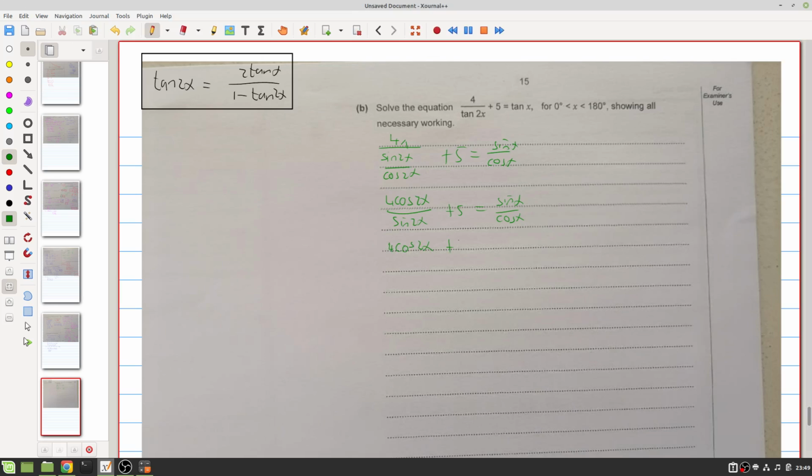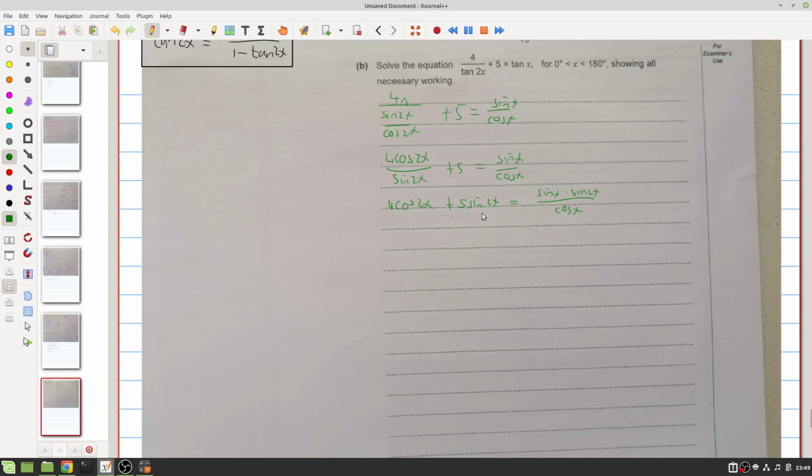So multiply everything by sin 2x, so then we get 5 sin 2x equals sin x times sin 2x over cos x. Okay, now I'm going to change the sin 2x into 2 sin x cos x, right? We know that one. So sin 2x is equal to 2 sin x cos x.